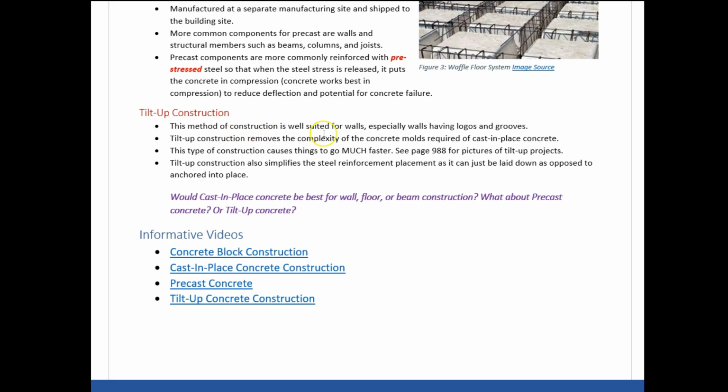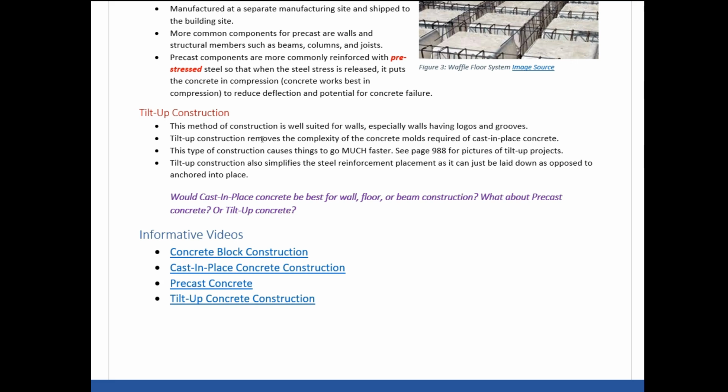Tilt-up construction is very ideal for wall systems, especially when those walls have logos or grooves in them. Tilt-up construction is taking the construction field by storm, because you can have buildings erected in a much faster time frame than with the traditional cast-in-place construction methods.